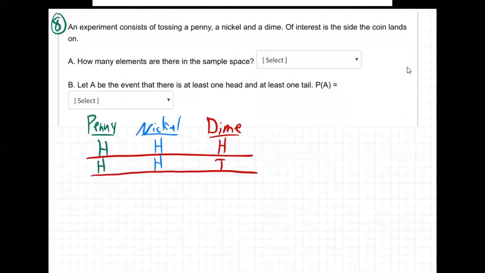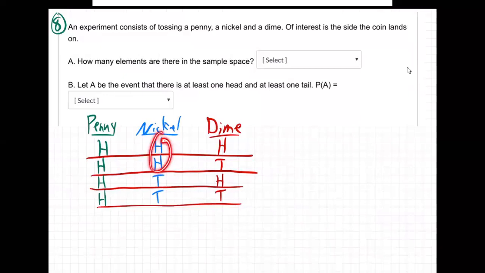Do you see what's happening here? Or you could get a head, tail, head, and then tail, tail. I don't know if I'm confusing you. So I did head, head, head and head, head, tail, and I did tail with head, tail.